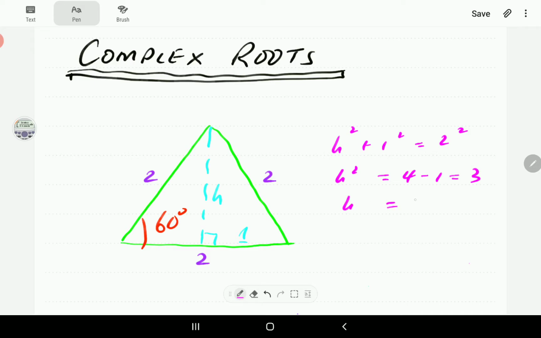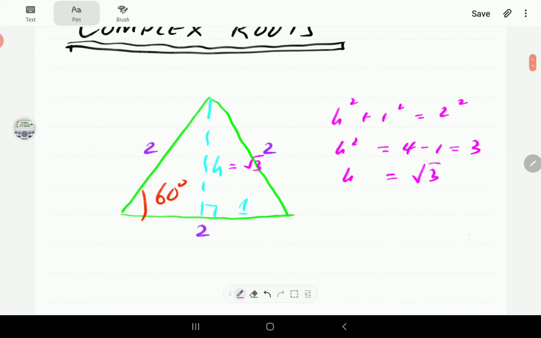So h is going to be square root 3. So from that, we can write the sine and cosine of 60. Sine 60 is going to be opposite over hypotenuse, so that is root 3 over 2. And cosine 60 is going to be 1/2.